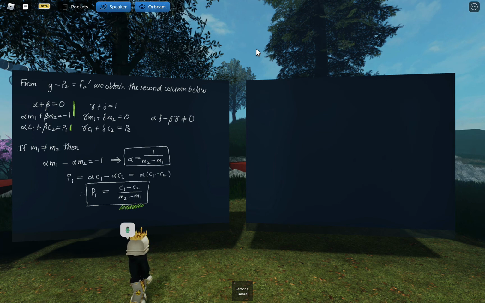Now from the second column, substituting the first equation into the second, I get gamma m1 plus 1 minus gamma m2 is 0, and therefore rearranging gamma of m1 minus m2 is equal to minus m2, and therefore gamma is m2 on m2 minus m1.